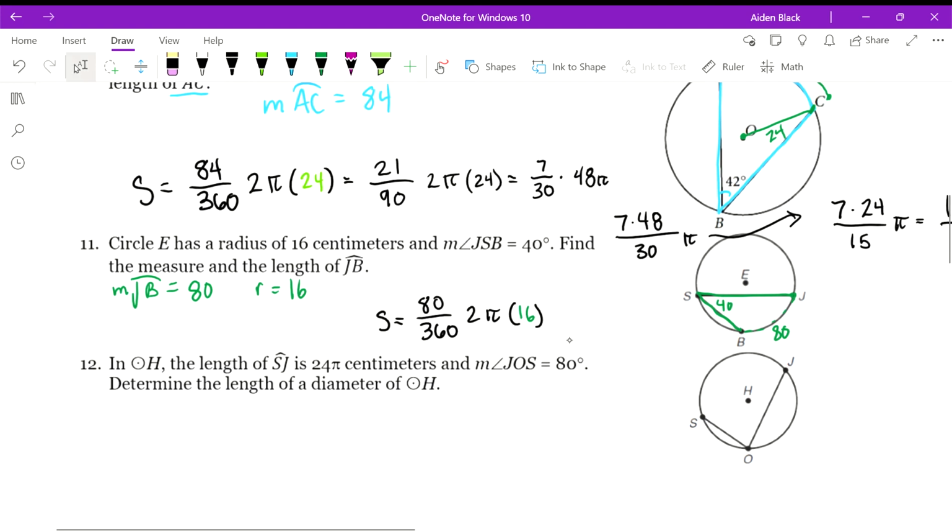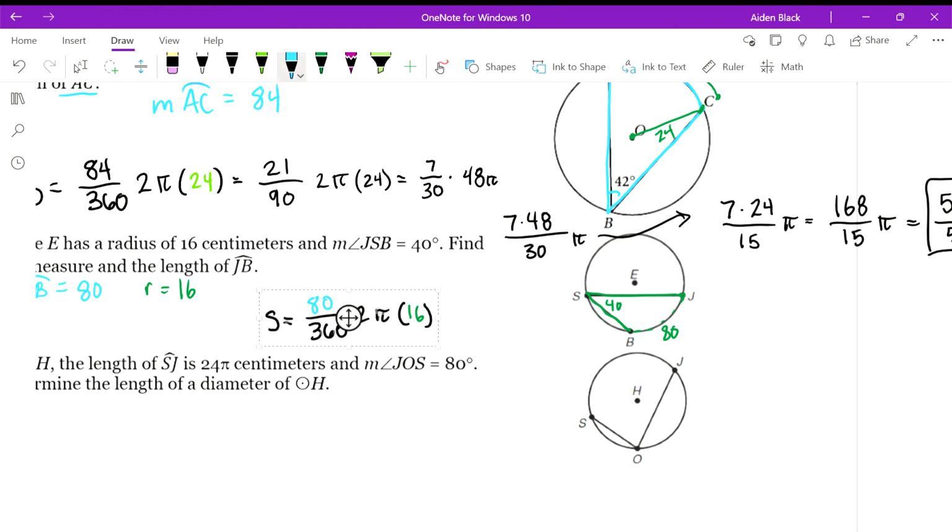Okay, let me make sure this is color coordinated. Okay, so even if you just had this right here, it's pretty satisfactory. But let's practice simplifying. Can we simplify 80 over 360?